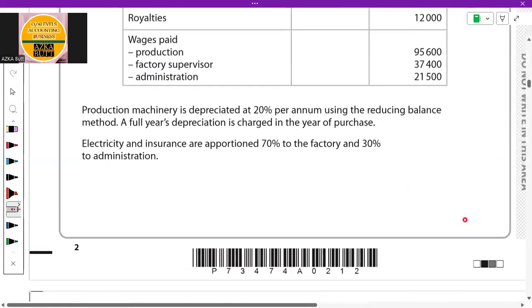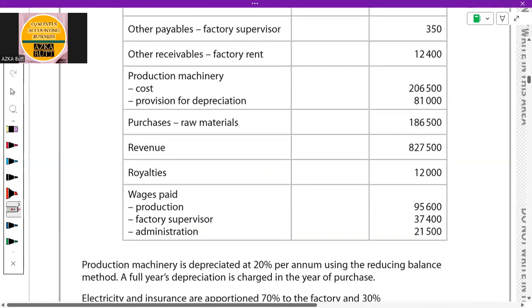First we have the conditions, starting with the information related to depreciation. Production machinery is depreciated at 20% per annum using the reducing balance method. A full year's depreciation is charged in the year of purchase. So first of all, we should find out the depreciation. Since this business is using the reducing balance method, for this particular year, 31st March 2023, we have to find the depreciation for this year only.